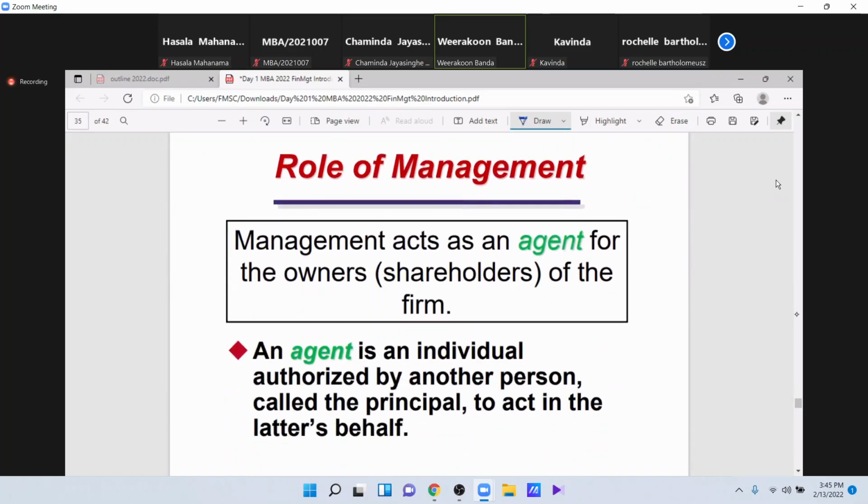Management acts as an agent for the owners, the shareholders of the firm. An agent is an individual authorized by another person. Then the managers are hired under some particular agreed conditions. At the end of the period, they get the salary. They have to act in the shareholders' best interest.